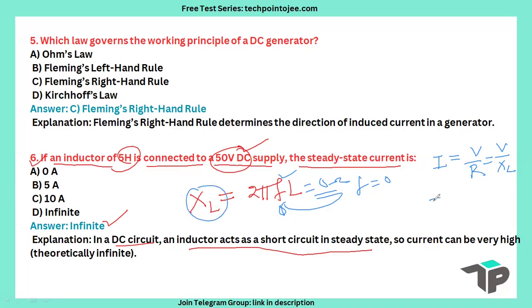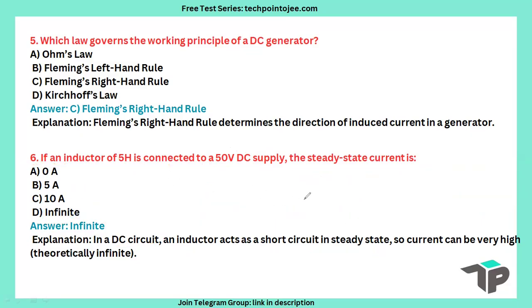So V by XL. The value of XL is 0, so some value divided by 0 means the value becomes very large, infinite. So the correct answer is infinite.